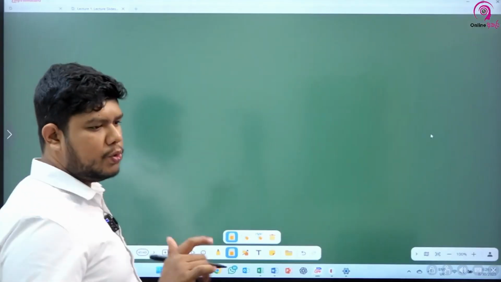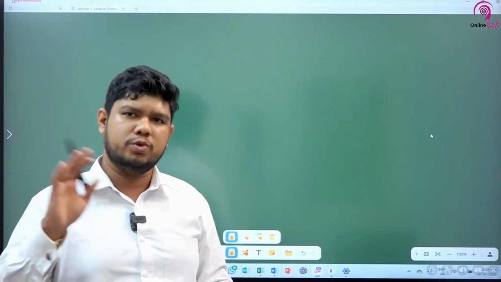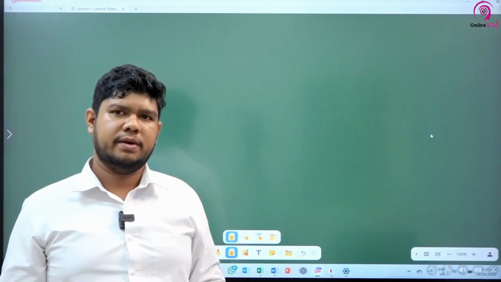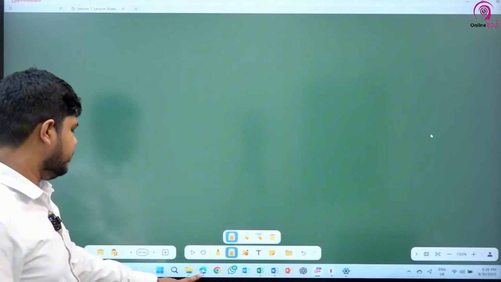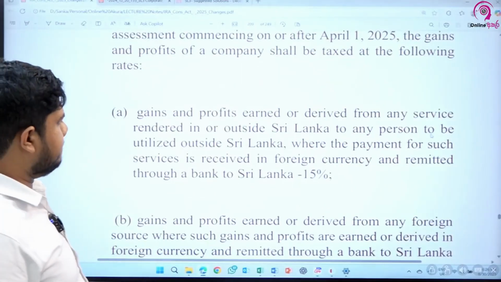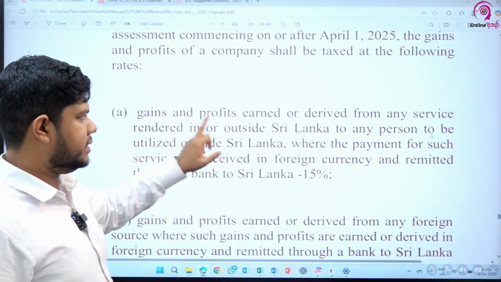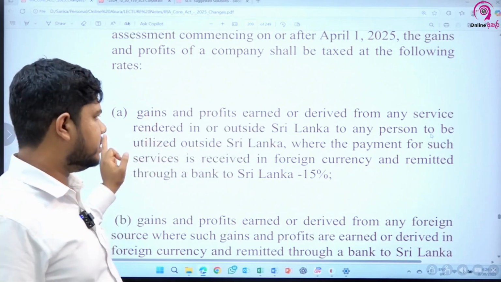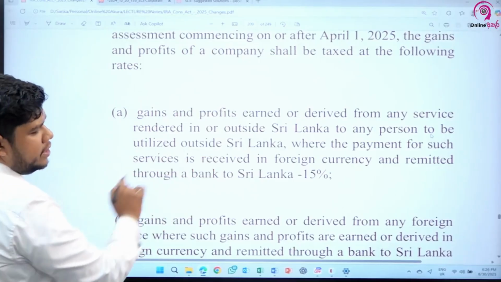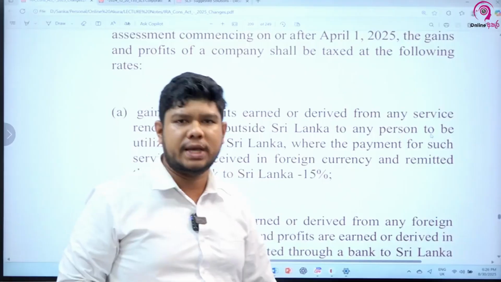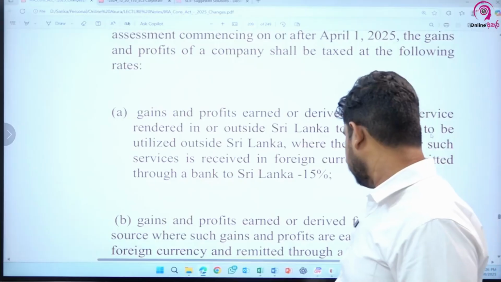So there is no difference. You can perform the service in or outside Sri Lanka, right? You can do the activity in Sri Lanka or outside Sri Lanka. There is no difference, right? Service rendered to any person to be utilized outside Sri Lanka. Very important. To be utilized outside Sri Lanka. This is the important part.